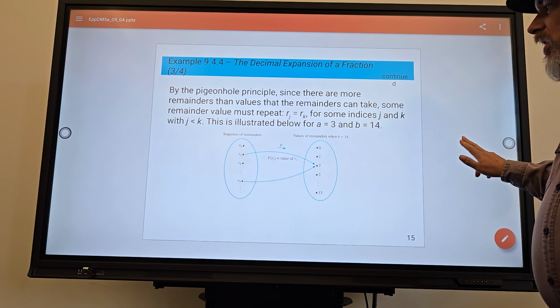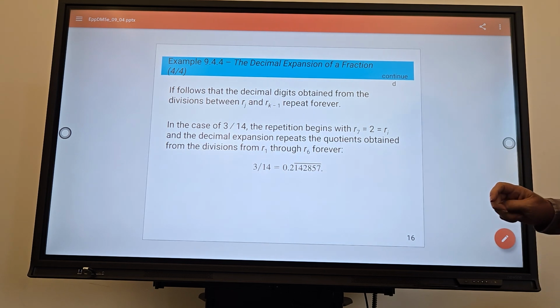So it follows that the decimal digits obtained from the divisions between Rj and R sub k minus 1 repeat forever.